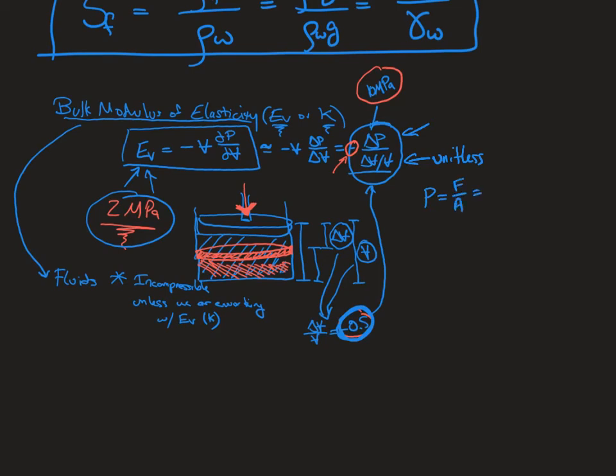Forces are usually mass times acceleration, length over time squared, and then this area, 1 over length squared. So I'm getting into the units again. The bulk modulus has units of mass over length times time squared. So that's all pressures.